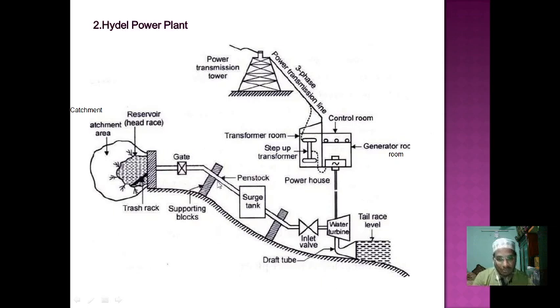Here the penstocks are there, two penstocks as supporters, and the surge tank and inlet valves. After the water passes from the turbine, the inlet valves control the water passing to the penstock, and then the gate will be opened.